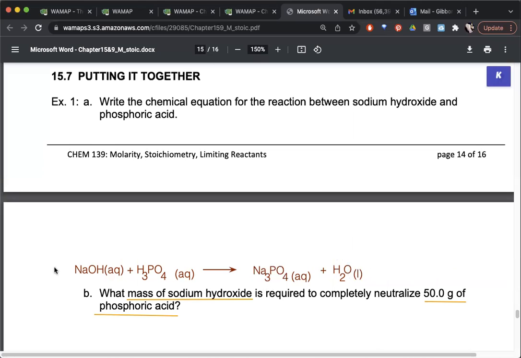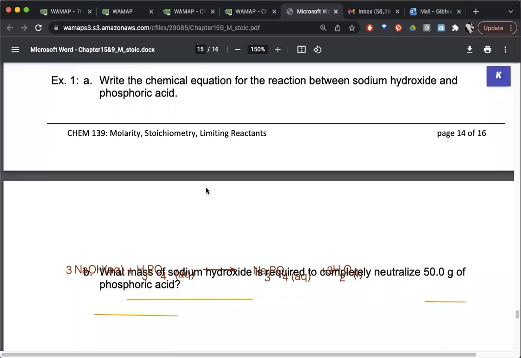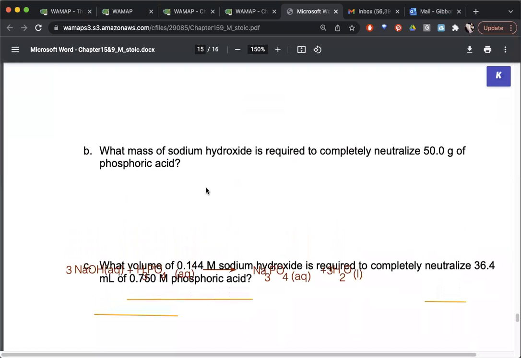We've got 3 sodiums, so we'll need 3 sodium hydroxides. Then we're going to get our 3 hydroxides, which are with our 3 hydrogens, so we'll need a 3 in front of the water as well. Okay, I'll move that up and start laying out the information that I need for that.